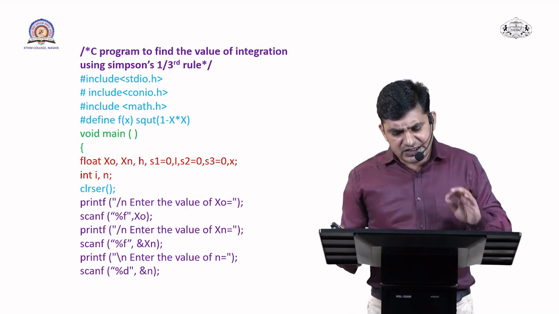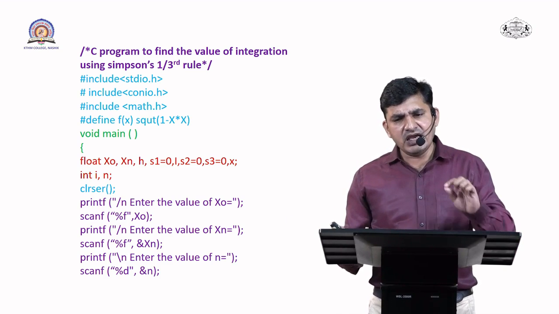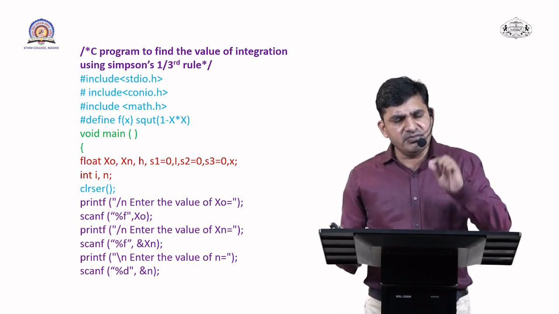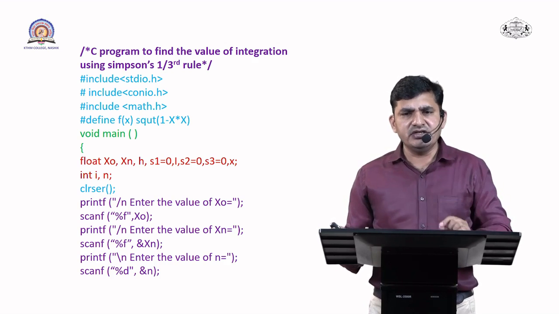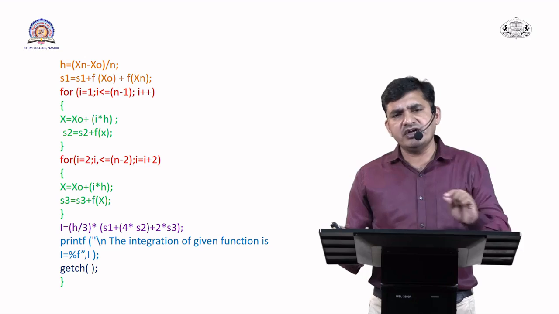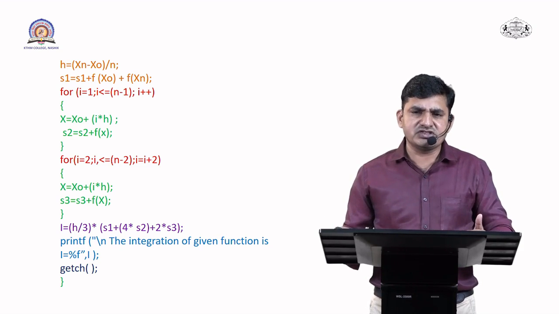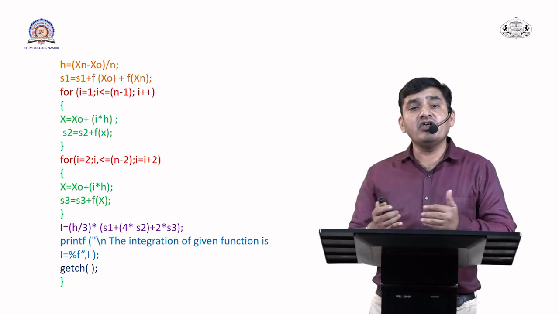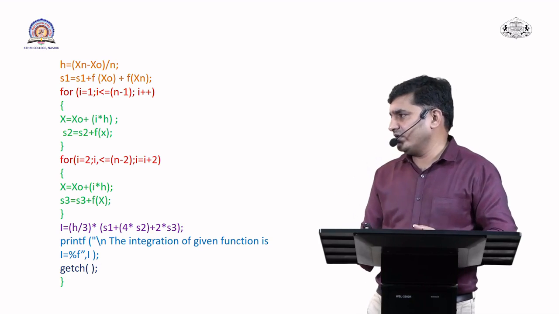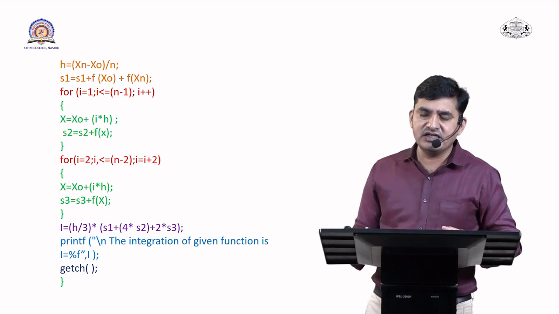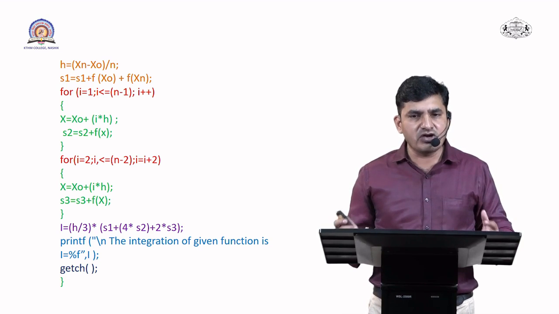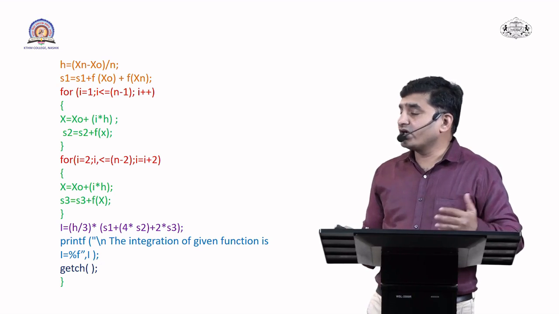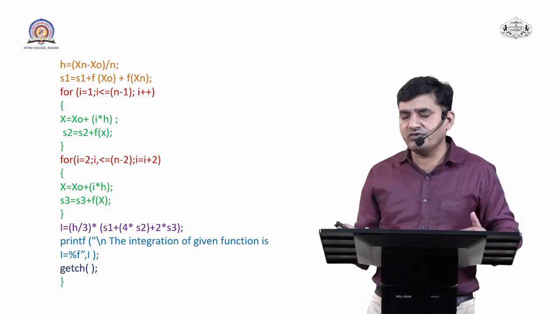But x0, that is the lower limit, and the upper limit may consist of a decimal point. The step size which we calculate, that is h is equal to xn minus x0 divided by n, may also consist of a decimal point, and therefore all these are floating point variables. Now i is an integer, and the number of steps or number of iterations is also an integer. Clrscr is used to clear the previous output.